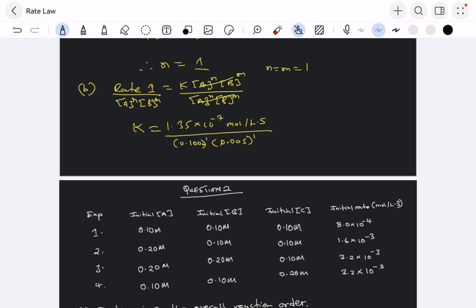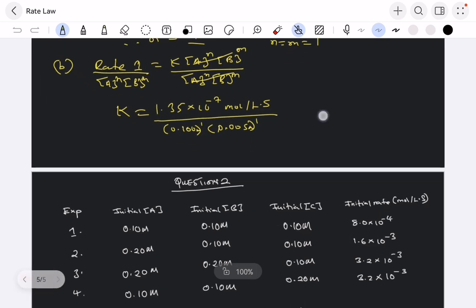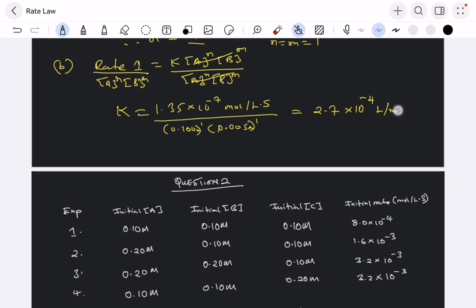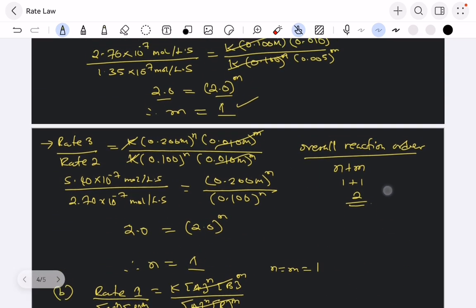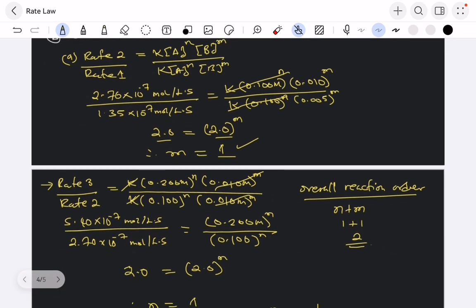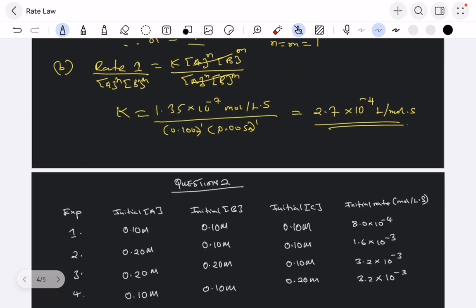You have to be consistent with the units, so when that is done, we are supposed to get something like 2.7 times 10 to the power negative 4. This is liter, then S. So that is how we find the rate law. This is how we determine the rate law.